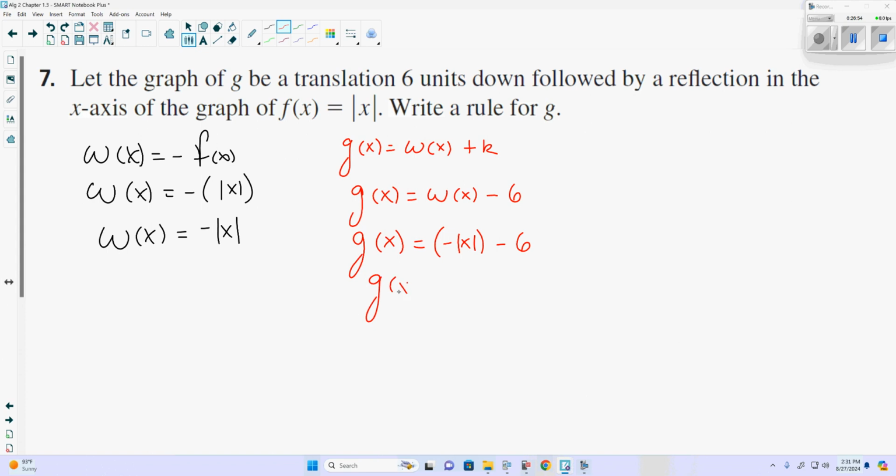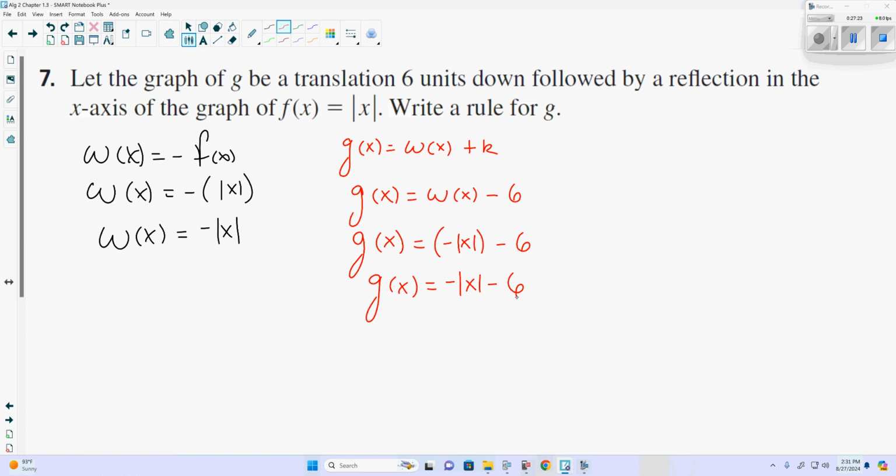And we can drop the parentheses, giving us that g of x is equal to negative absolute value of x minus 6. Is that the same function? Not quite, because here the 6 is negative, and the one that we had before the 6 was positive. So the order does matter, especially with up, down, left, right, especially if we're doing them in either order.